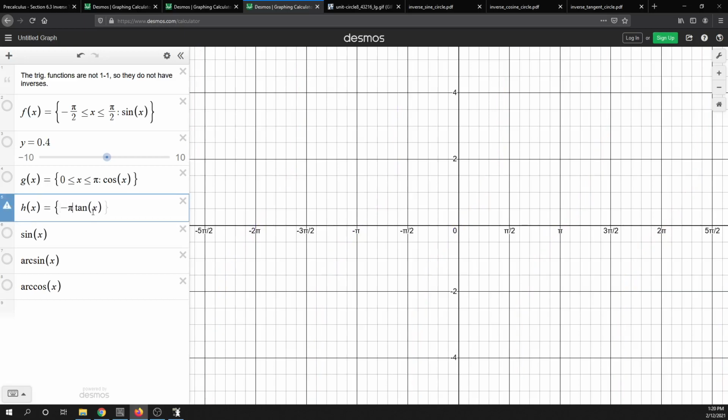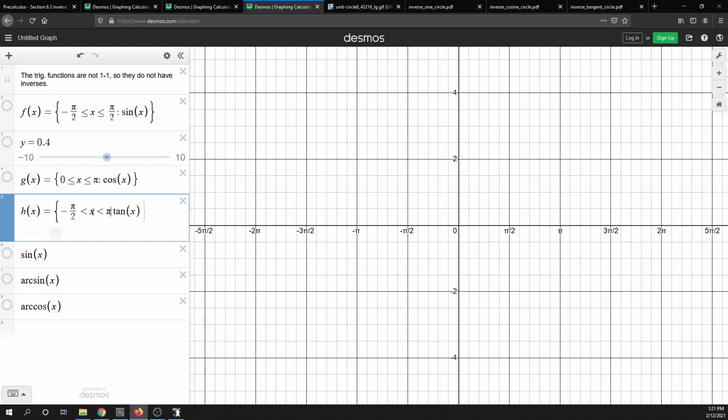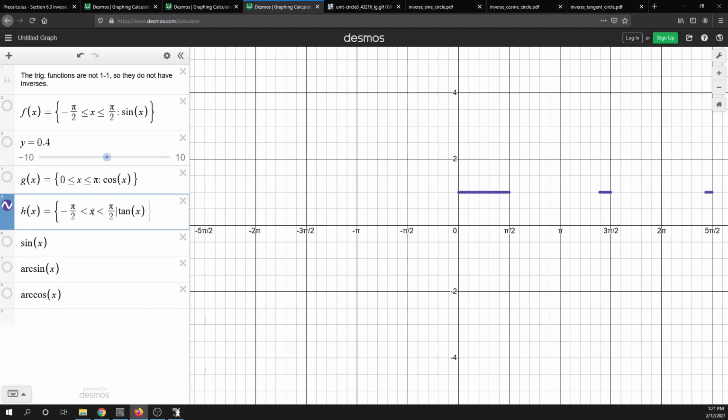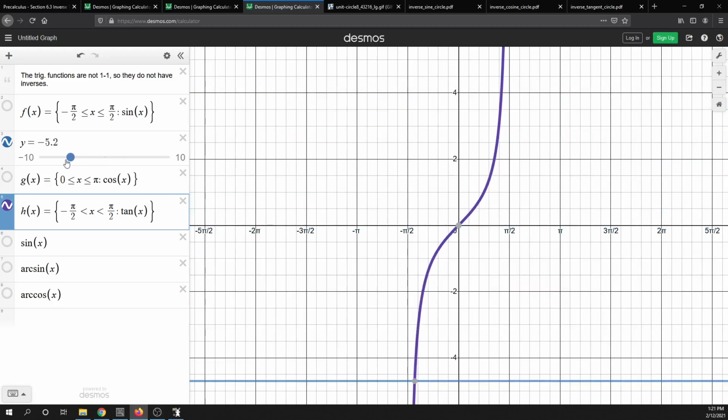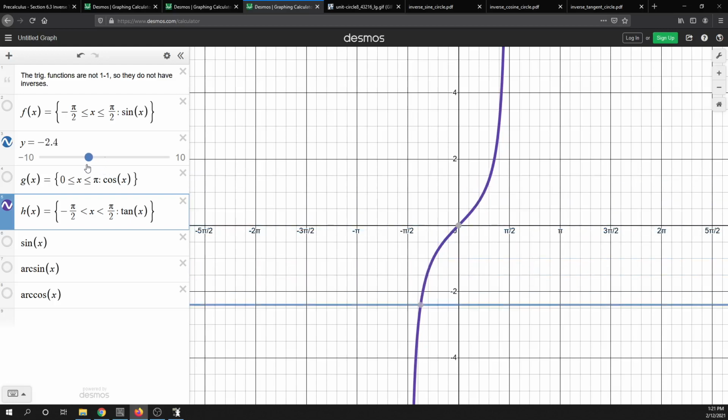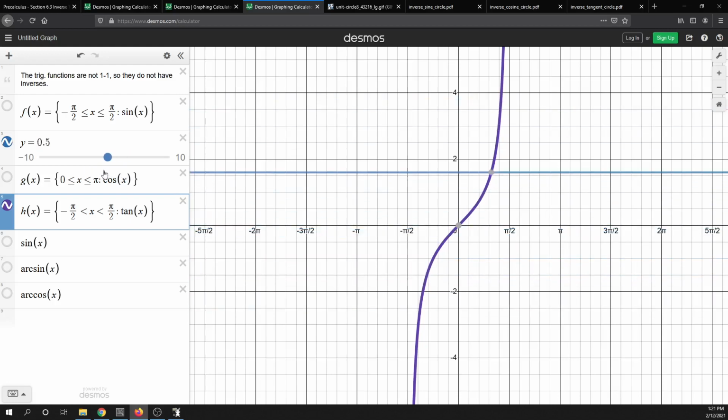And so the place where they choose to trim it down is to this one right in the middle, to that branch right in the middle. And you can see now it is 1 to 1. If I only look at that small little piece, every horizontal line cuts the graph in at most one spot.